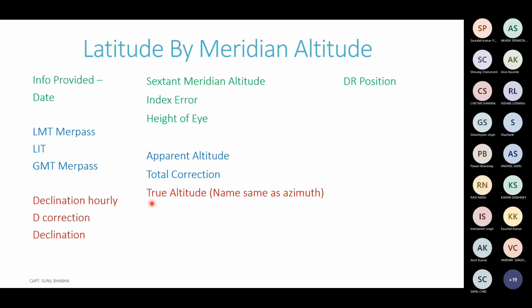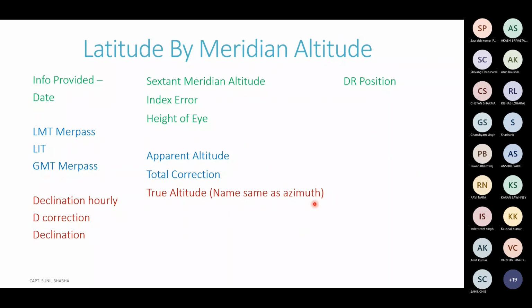Fundamentally speaking, the altitude does not have any name. No name is given to the altitude of the body. Now, if the altitude does not have any name, what is the purpose of naming the altitude here?